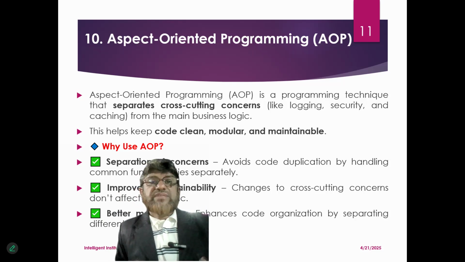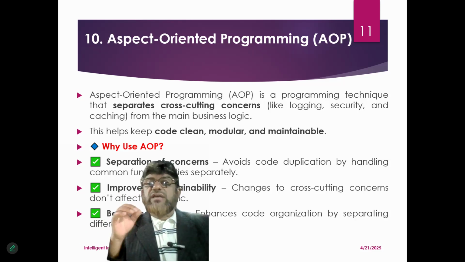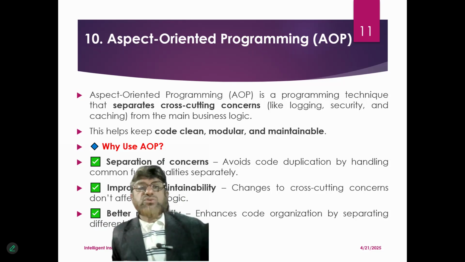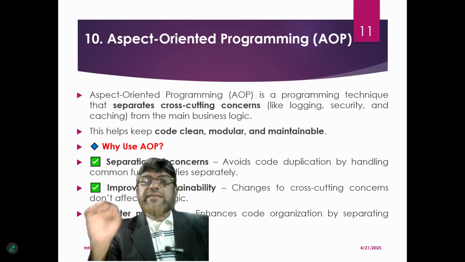Okay. So this separates the business logic, how we code it, from how we make the data secure. Okay. So this also helps to keep code clean, modular, and maintainable.